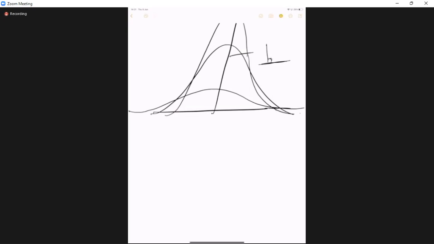Anyway, these three curves are symmetric about their mean, median, mode. They have different shapes, but their location is same. Therefore, their measures of central tendency are same.